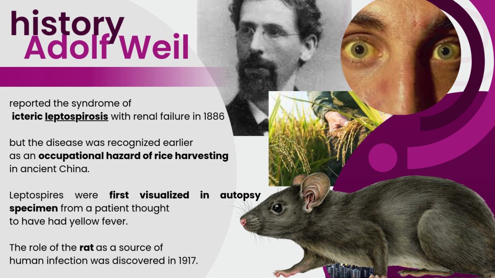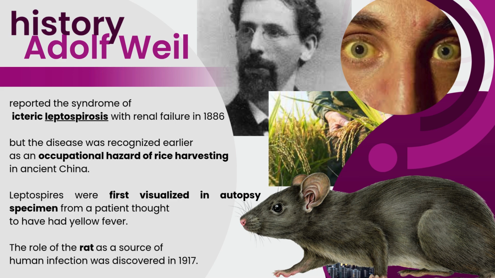So let's take a brief journey through the history of leptospirosis and recognizing the contributions of Adolf Weil and others. Adolf Weil reported the syndrome of icteric leptospirosis with renal failure in 1886.